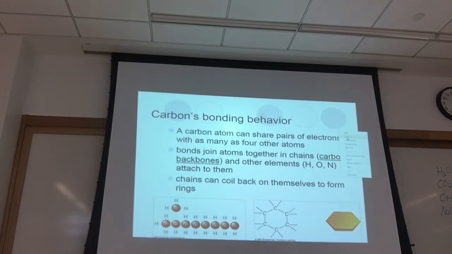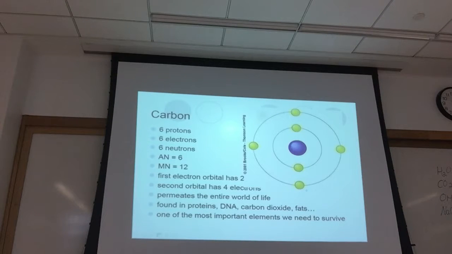Everything in our lives would be different, basically. So there's 4 empty seats in this outer electron orbital that we can fill. The most that we can have bonded to this 1 carbon is 4 other atoms. We can have less than that and still be stable, but we cannot have more.